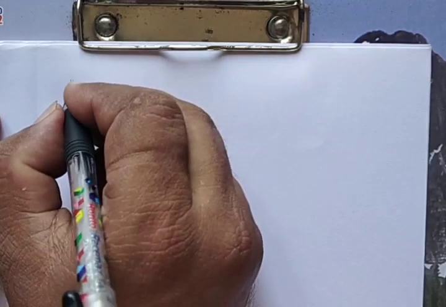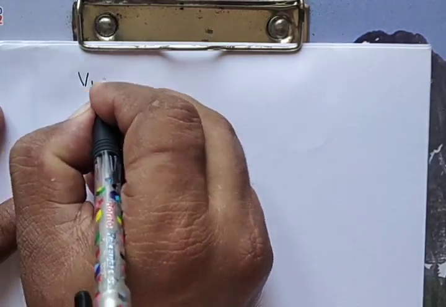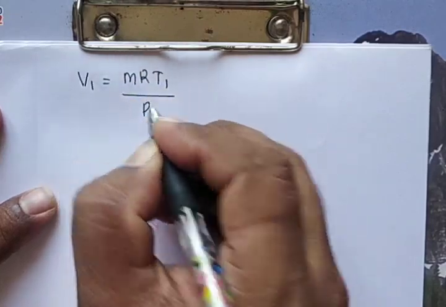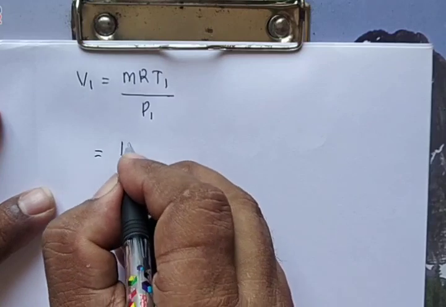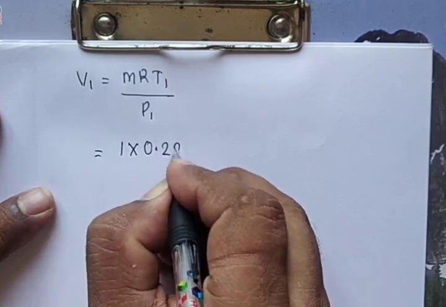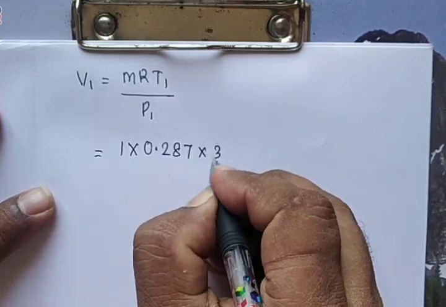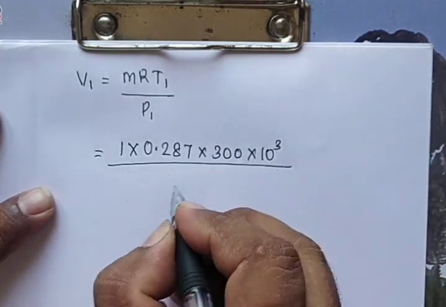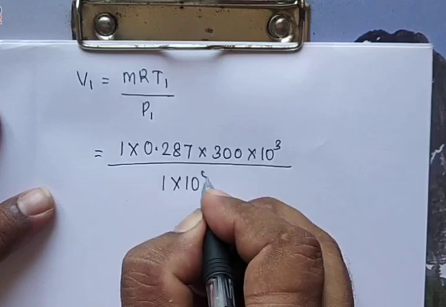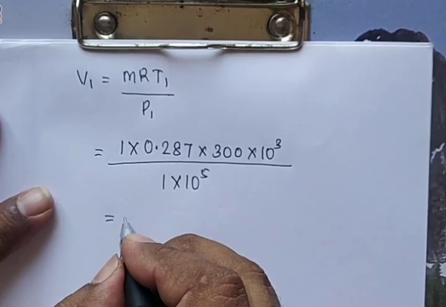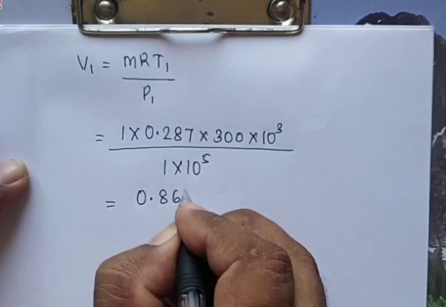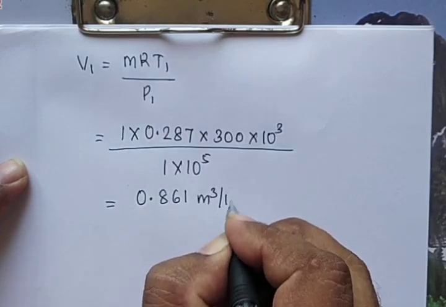Then find out the value of V1, which will be equal to m R T1 by P1. That is, mass is 1 kg, R value is 0.287, temperature given is 300, into 10 to the power 3 to convert this value, divided by 1 into 10 to the power 5. So you get the answer upon substituting and solving. It is 0.861 meter cube per kg.